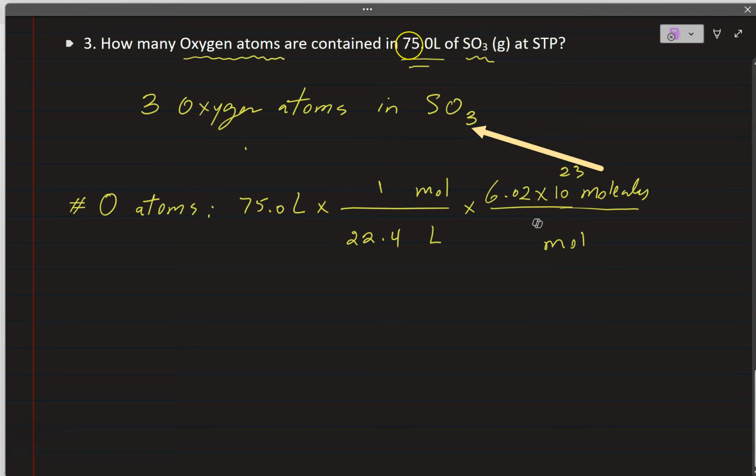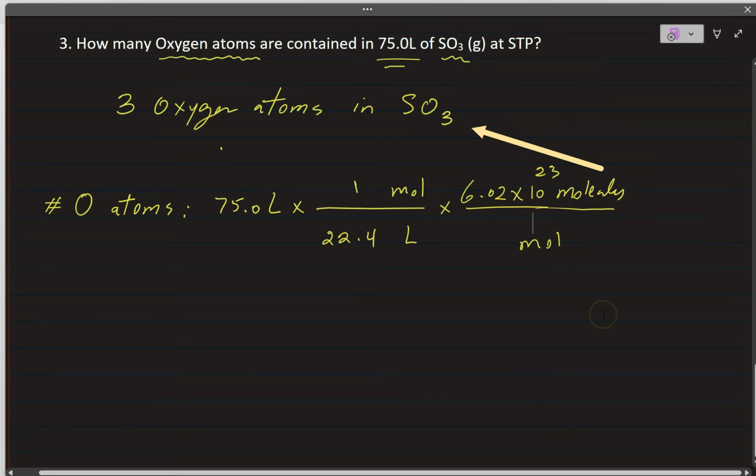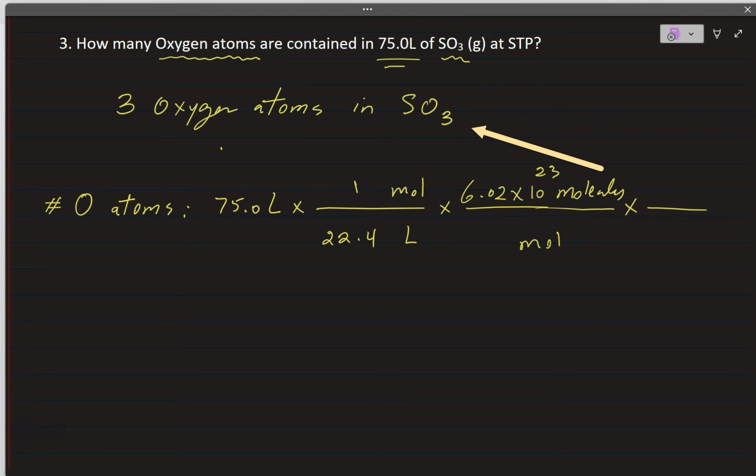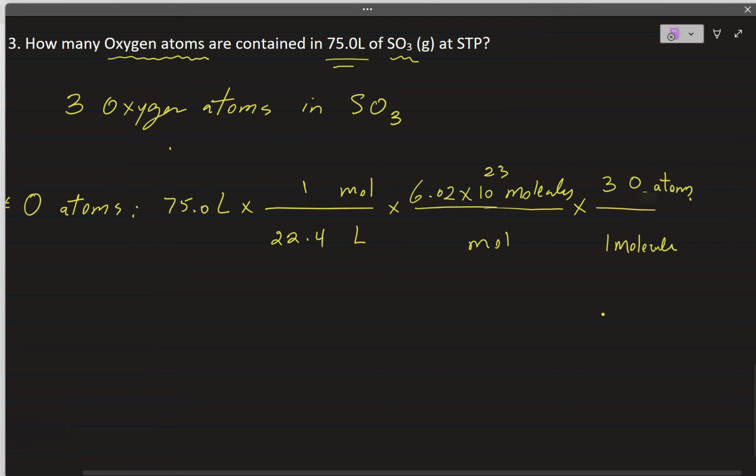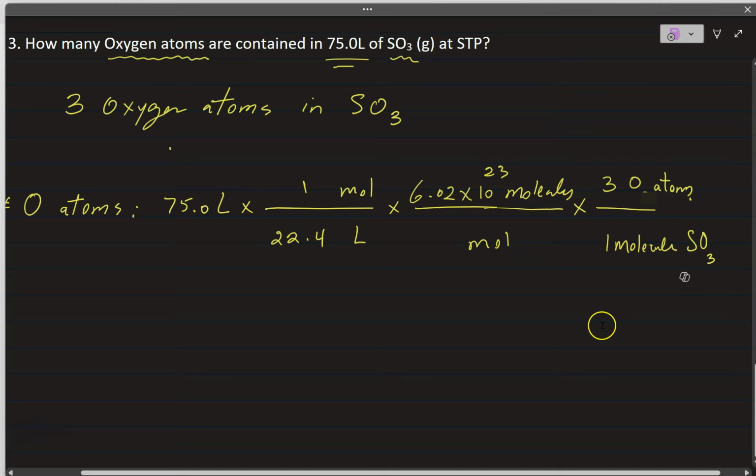And the last thing that we have is how many atoms in the molecule. In one molecule of SO3, we have 3 oxygen atoms. Okay, one more time: molecules of SO3. So in one molecule of SO3, we have 3 oxygen atoms.